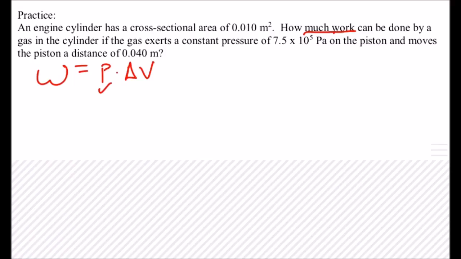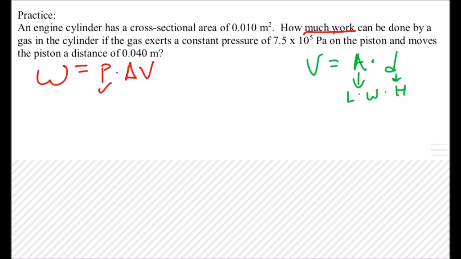They gave us a cross-sectional area, and then they gave us a distance that the piston would move. Well, remember, an alternate formula for volume was area times displacement, right? And remember, area is length times width and displacement could really be considered height. Okay, so they gave us everything we needed to figure out what the volume is.